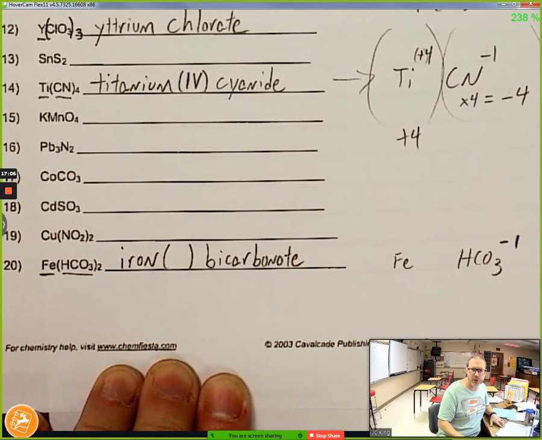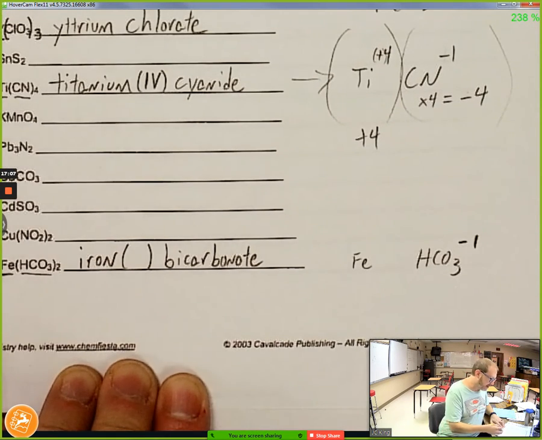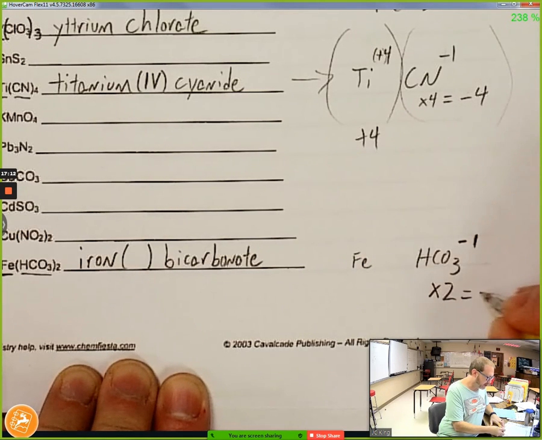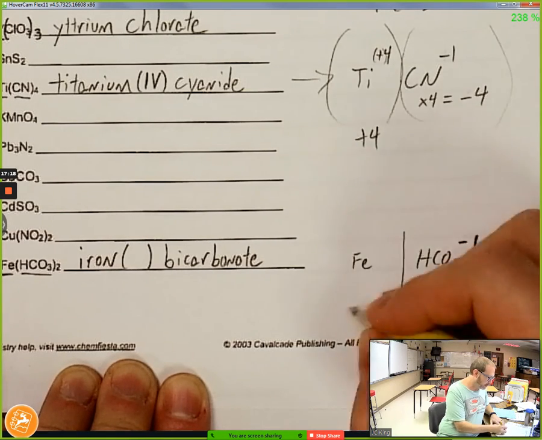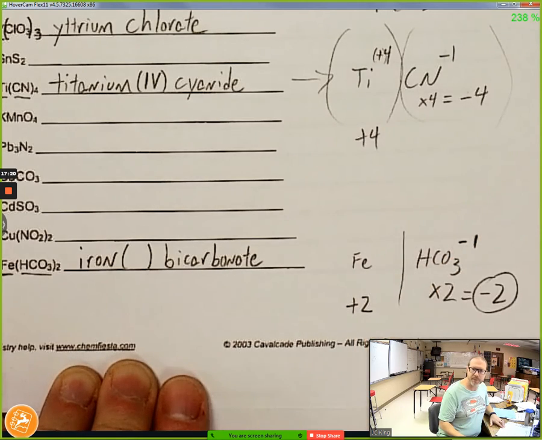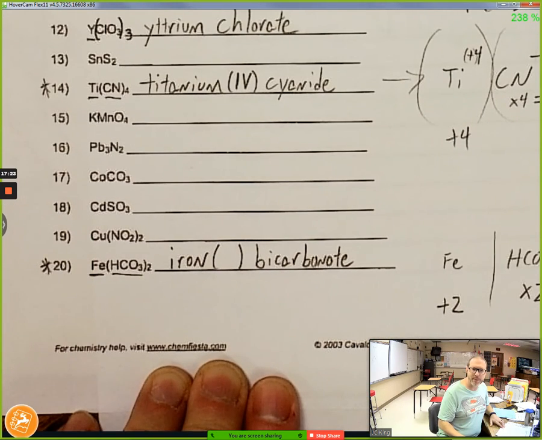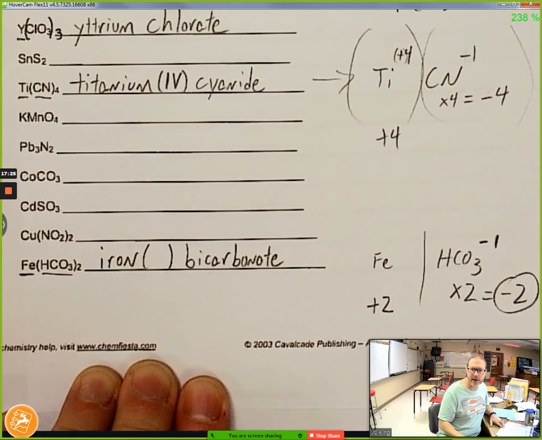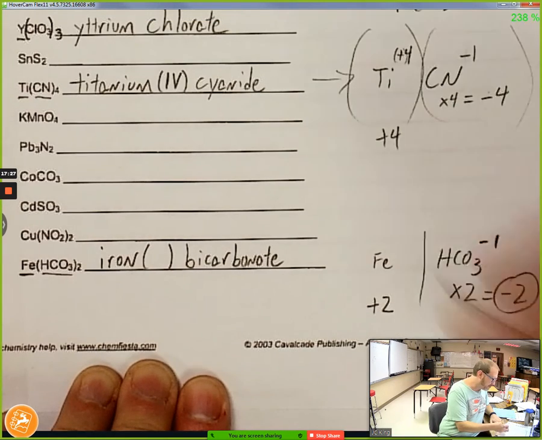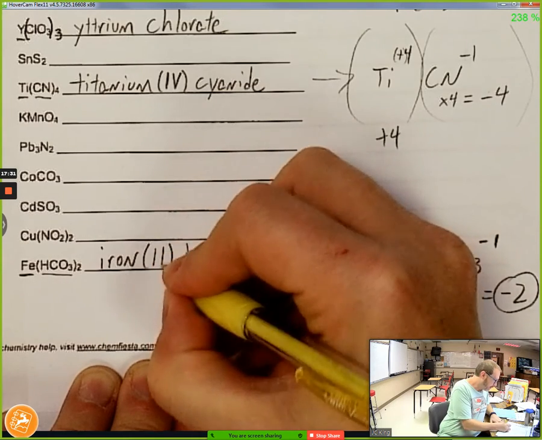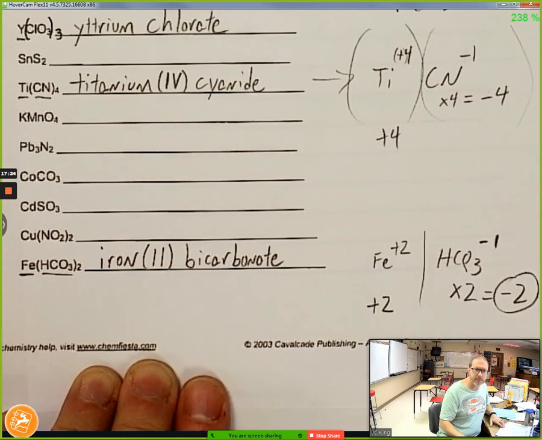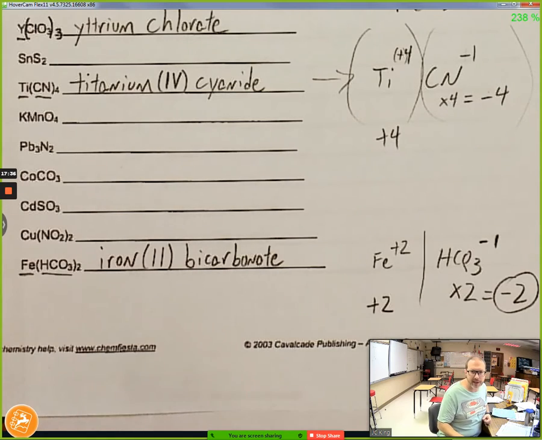That's what the 2 outside the parentheses tells us. So we take this entire thing times 2, it gives us a total negative charge of -2, which means the other side of my molecule here has to have a total charge of +2. I've only got one atom there, so that atom has to carry all of that +2 charge, so this must be iron 2. So I put a Roman numeral 2 in there, not an 11.